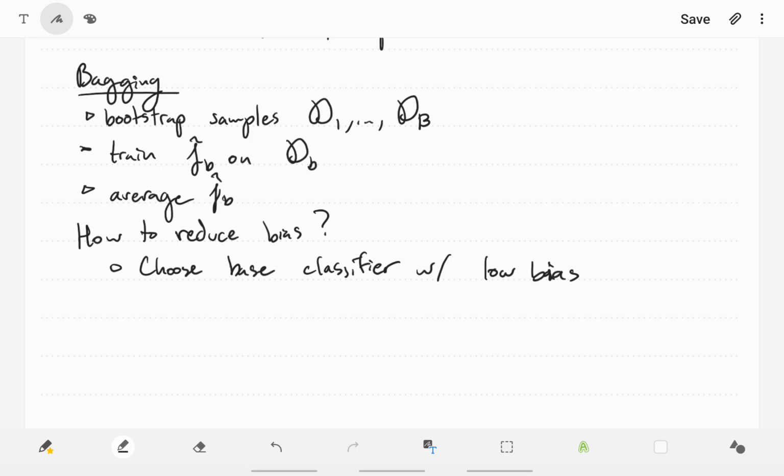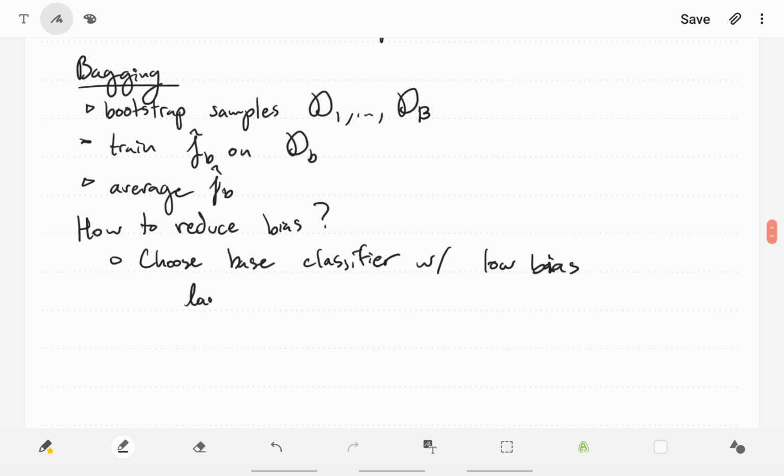So we're going to choose a very large depth decision tree. That's the first bit of intuition that we're going to use to decide how we're going to create our random forest. Now, how can we reduce our variance?